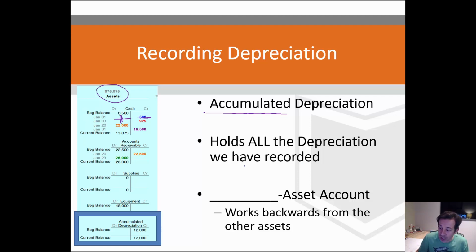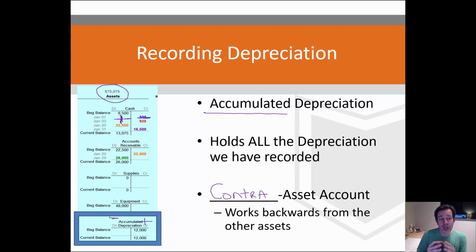It's what we call a contra asset account. And I'm not talking about like the old Nintendo game Contra with the cheat code up, down, left, right, B, A, start, and you can get 30 men or whatever. I'm talking about contra, meaning opposite or backwards. You can see it works the other direction. It goes up on the credit and down on the debit, and there's a reason for that.